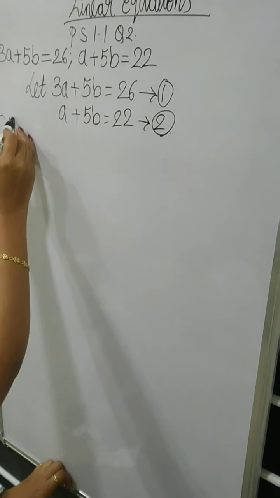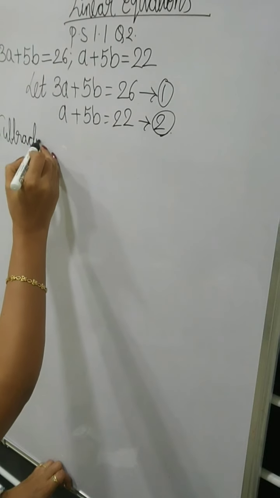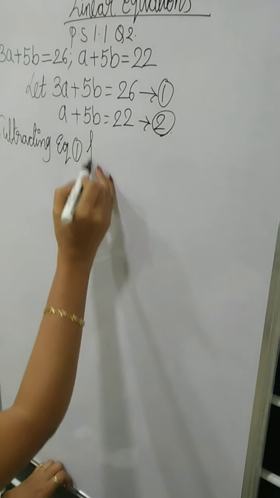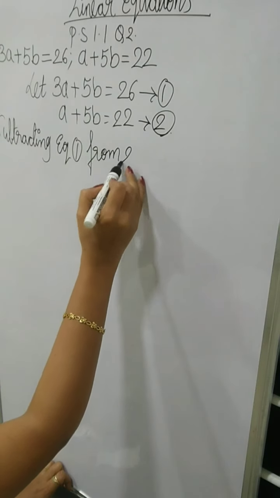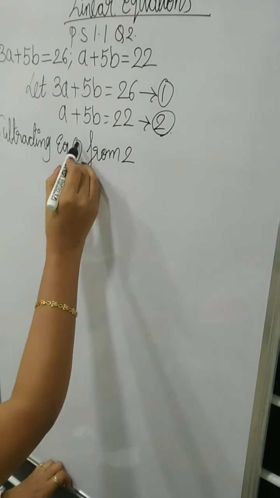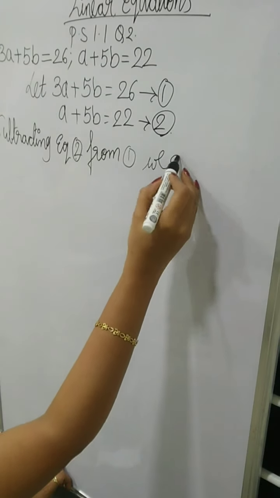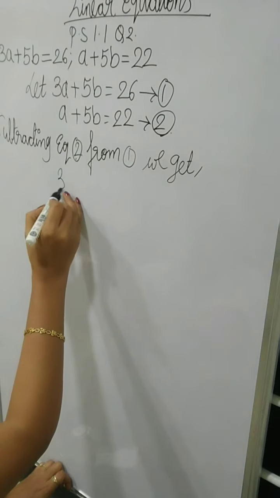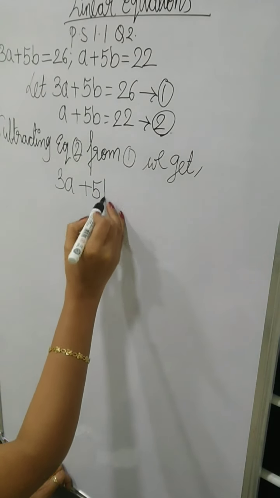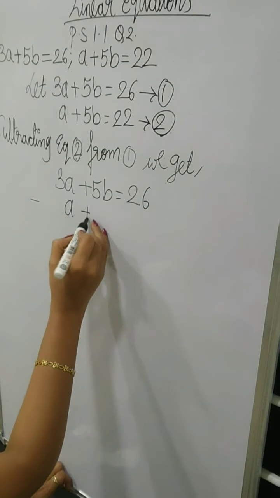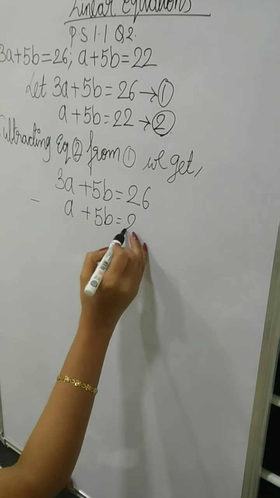So subtracting equation 1 from 2, or you can say equation 2 from equation 1, what do we get? 3a plus 5b is equal to 26 minus a plus 5b is equal to 22.